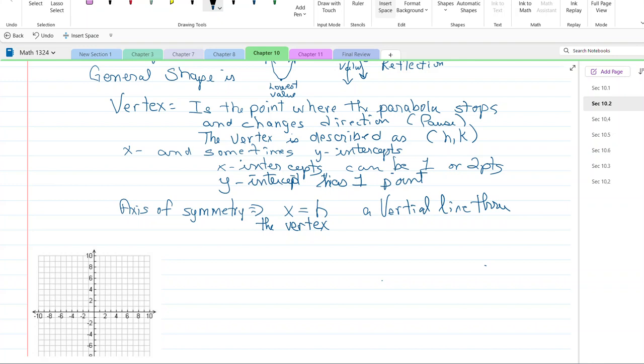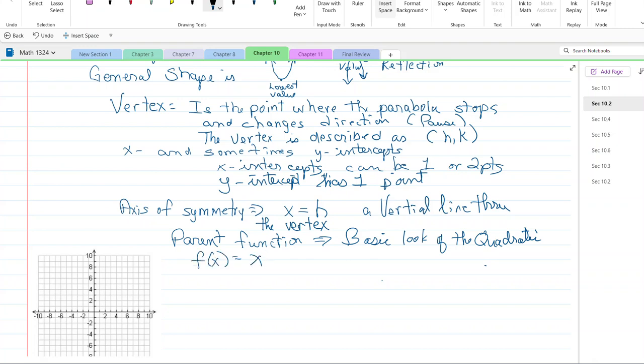All right. So we're going to look at a parent function. A parent function, basic, basic look. Right. So in this case, we know that y or f of x has to equal x squared.